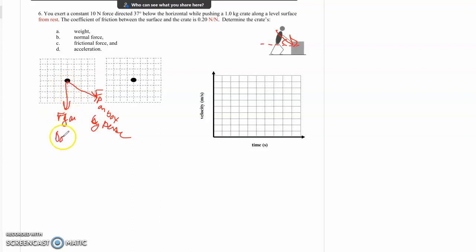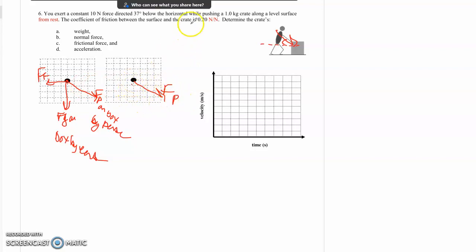on box by earth. And then the normal force, let's see, there appears to be a coefficient of friction, so there's going to be some friction like this way. But I'm just going to come over here and do this real quick. There's the force push, right?